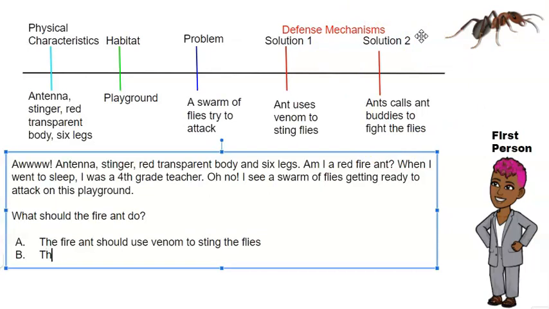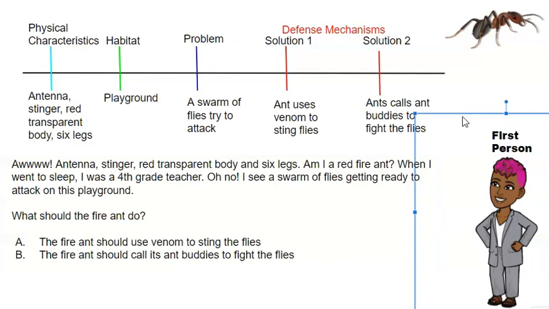I'm going to say the fire ant should call its ant buddies to fight the flies. Scholars, that's me showing you how to go from a timeline into a paragraph with 2 possible solutions for defense mechanisms.